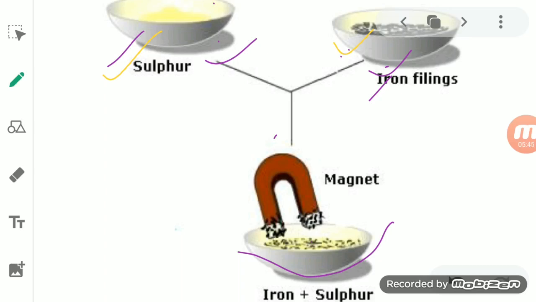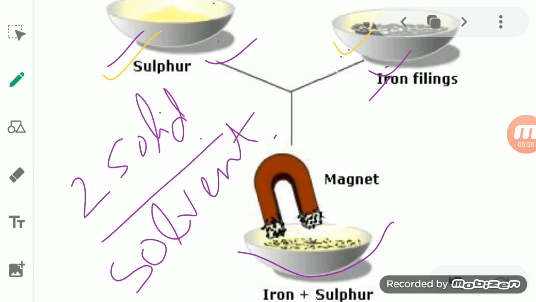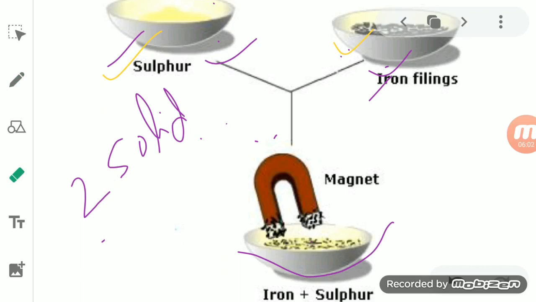So right now we have studied how we can separate two solid components from each other. The first one we studied is using a suitable solvent. The second one we studied is sublimation.